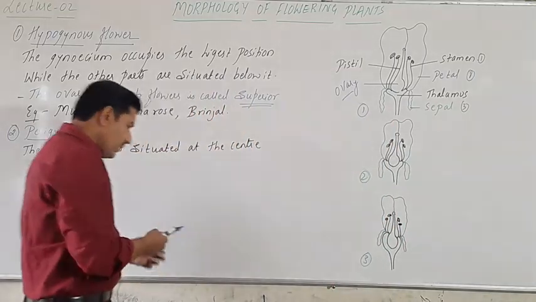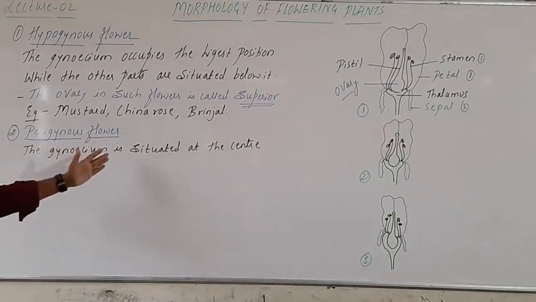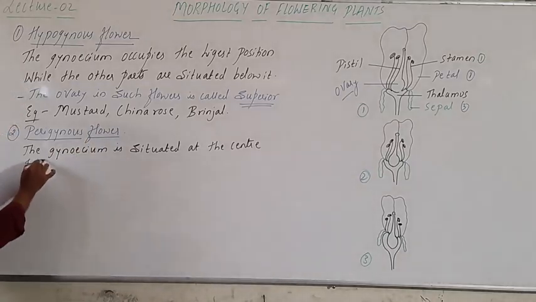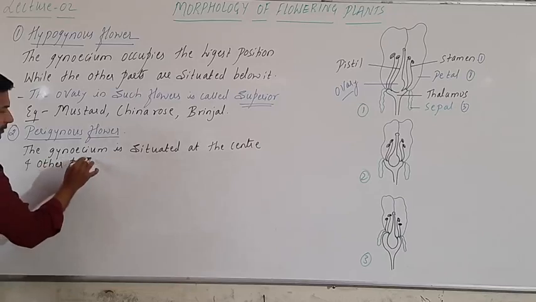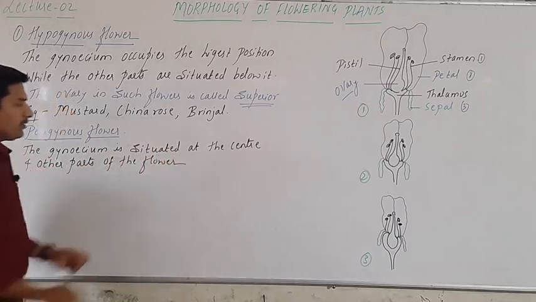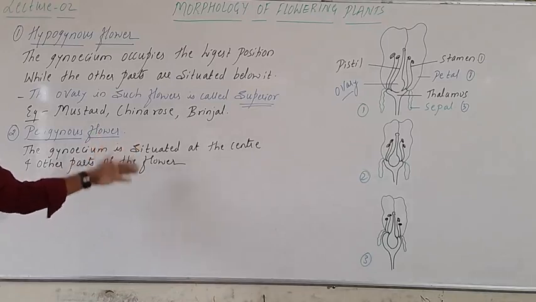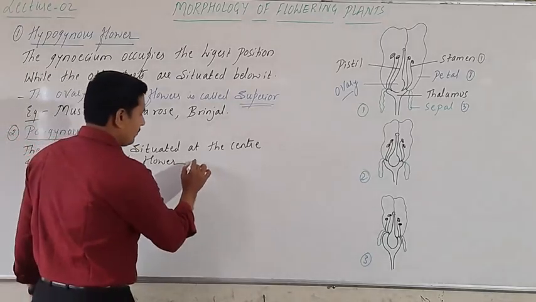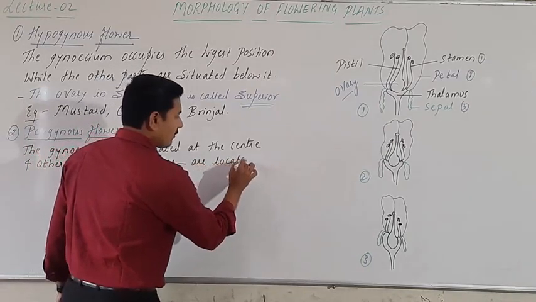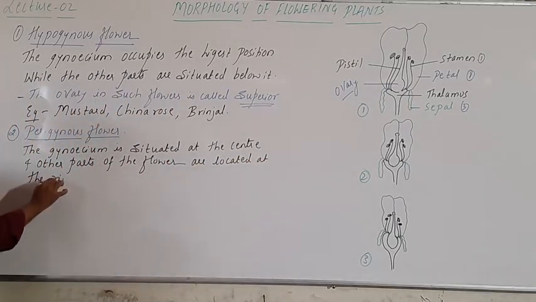Okay? So let's continue with the definition of this. The definition of the Perigonus flower states that the gynoecium is situated in the center and other parts of the flower are located at the rim.